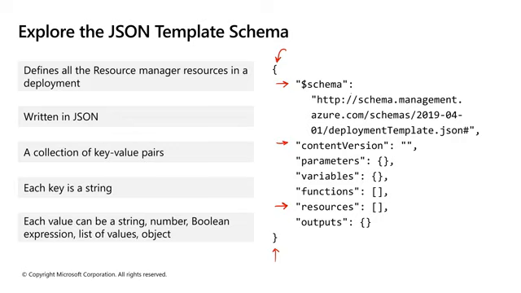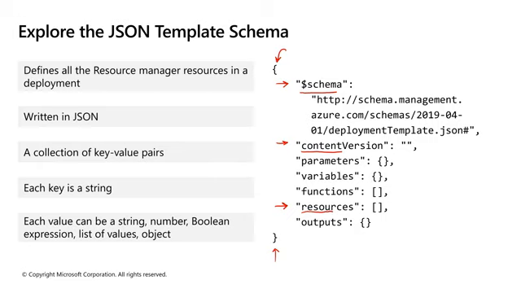The three important ones that you must have in a template are your schema, your content version, and your resources. Other elements may aid you in creating your resources, or you could use these to provide some additional details. However, they're not a must for you to create a template.